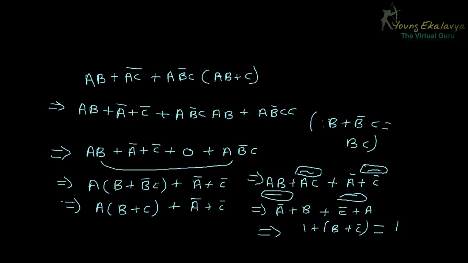Now let me give you an exercise problem. So here is our expression: A bar B bar C bar plus A bar B C bar plus A B bar C bar plus A B C bar.